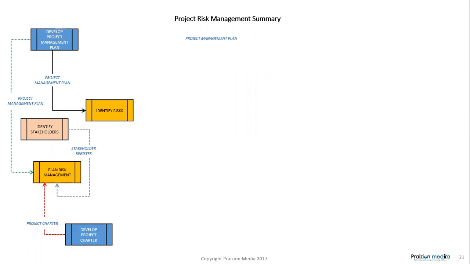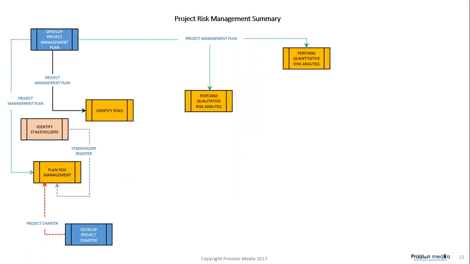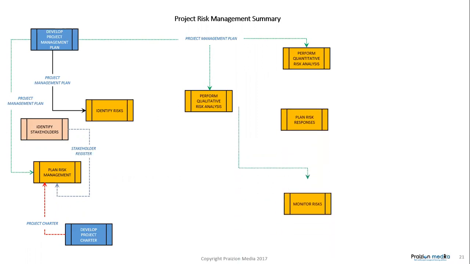So in this schematic, we show the project management plan going to identify risks, which is normal. We also see it going to perform qualitative risk analysis and perform quantitative risk analysis. We also have that same project management plan going to plan risk responses and monitor risks.